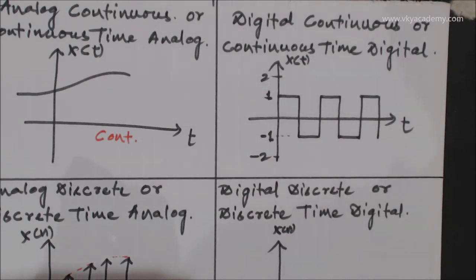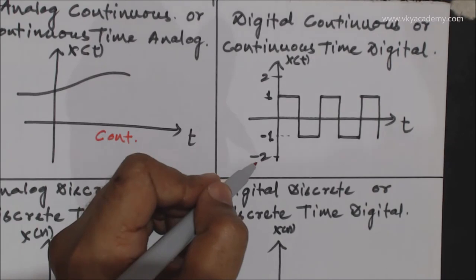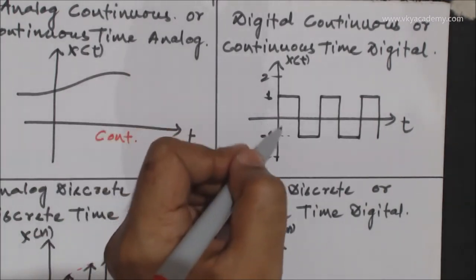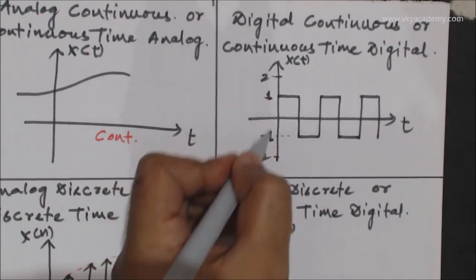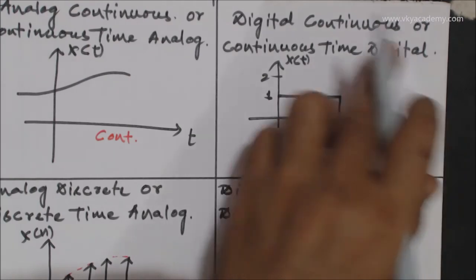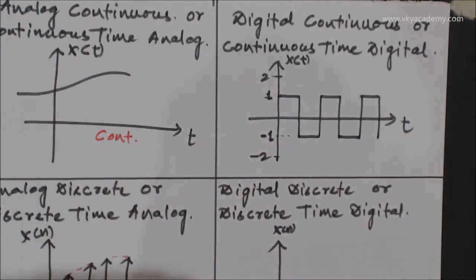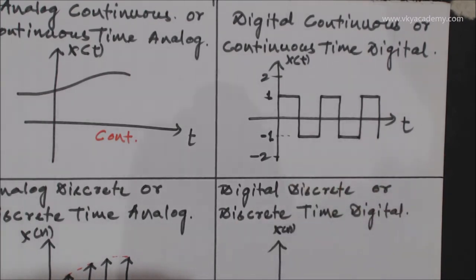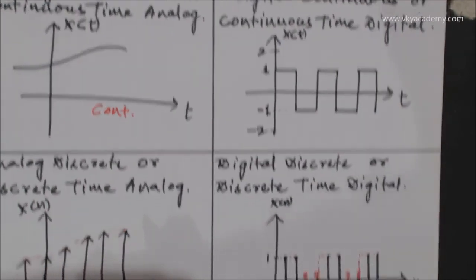But you can see that even if my range in amplitude or in the dependent variable is -2 to 2, it takes few values within this range, only 1 and -1. It is not taking all the values of the dependent variable. So that is why this particular signal is called a digital signal but continuous domain. So we can say it is digital continuous or continuous time digital signal.